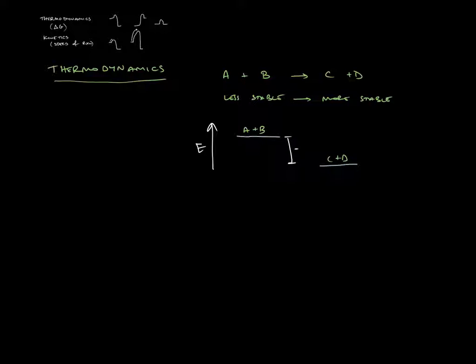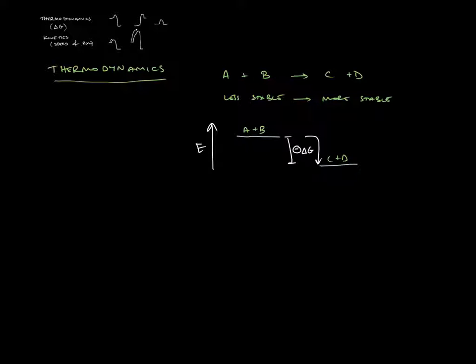We would say that we have a negative delta G, because the change in Gibbs free energy is negative. We've gone down, right? We've gone down here. And therefore, this type of reaction would tend to be favorable, because you're going from a less stable condition to a more stable condition. It's like if you hold a book up above your head and then you let go, it's going to move on its own to a more stable condition, which will be hopefully not landing on your head, but eventually landing on the floor.